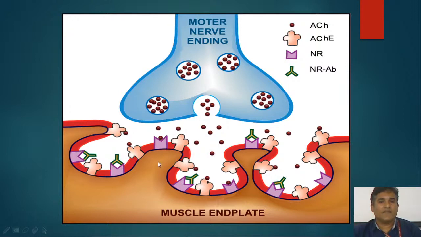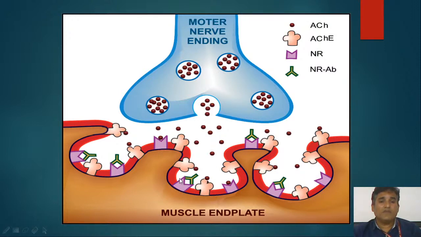When acetylcholine is released from the nerve terminal, it exerts its effect by acting on the nicotinic NM receptor.